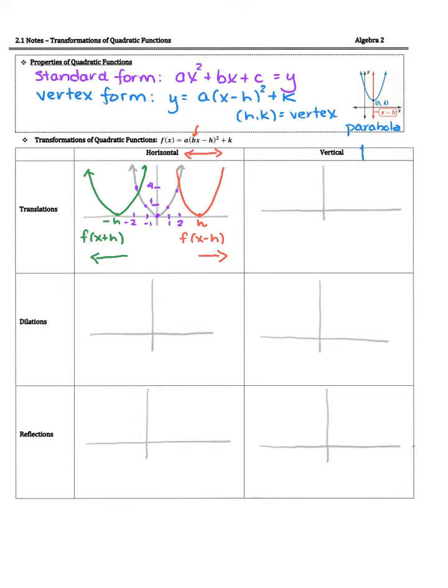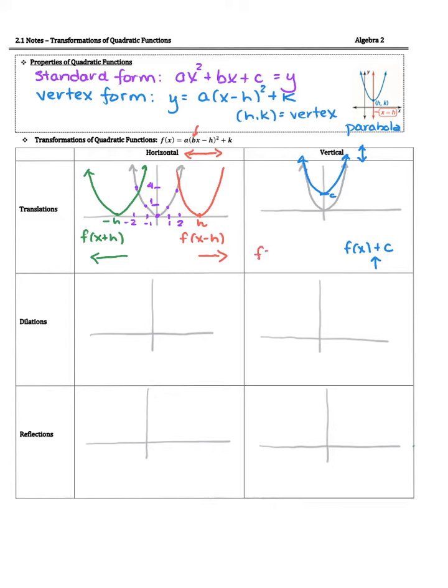Then we have the vertical. Remember, the vertical is going to move you up and down. Here's the parent function that we start with. If what you see is f of x plus c, notice it's now on the outside, that's going to move me up. So that would be up like this, and this would move me up to c.